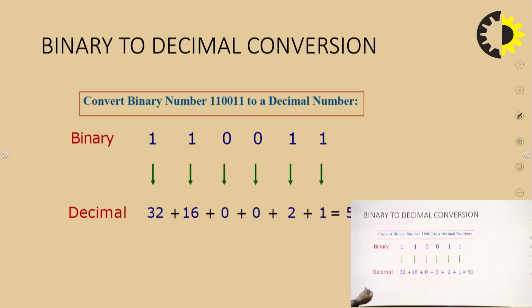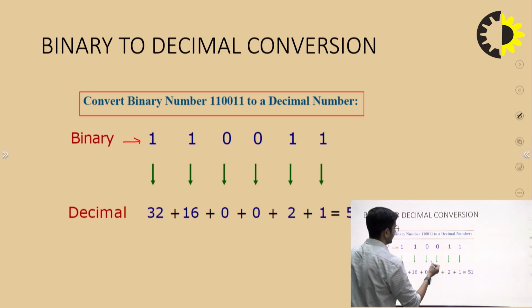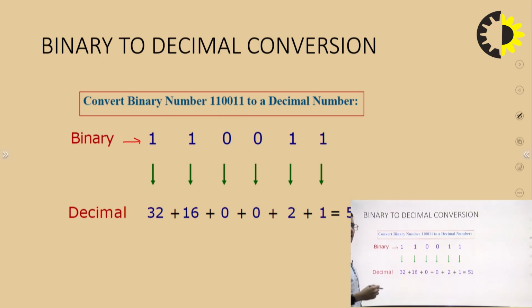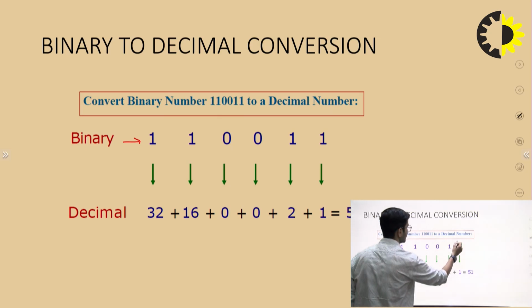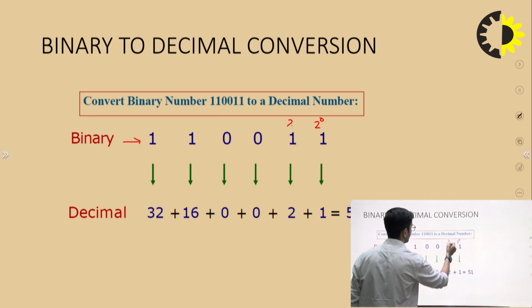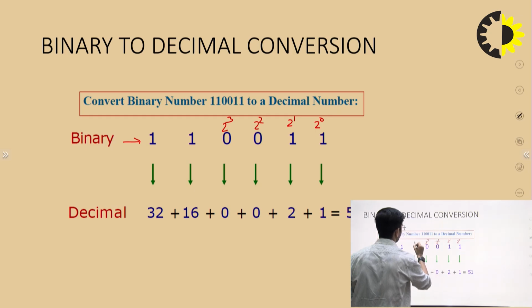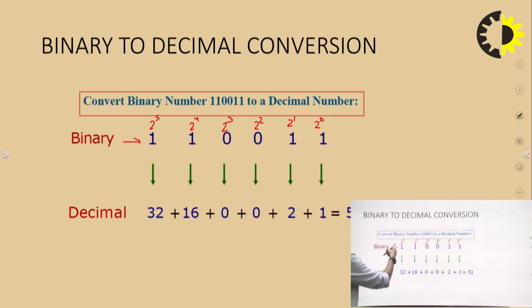Binary to decimal conversion. For example, we have this binary number. As I explained earlier, the binary numbers are represented by powers of 2. So, this is 2 to the power of 0, 2 to the power of 1, 2 to the power of 2, 2 to the power of 3, 2 to the power of 4, 2 to the power of 5. 2 to the power of 5 is 32, which is 1 at this place, so 32 will be there. 2 to the power 4 is also 1, so 16 will be there.